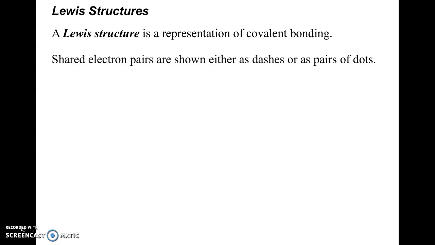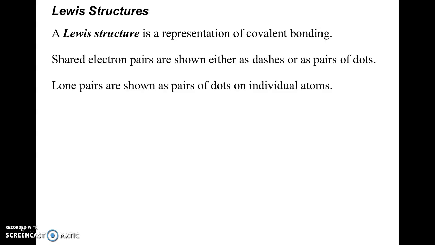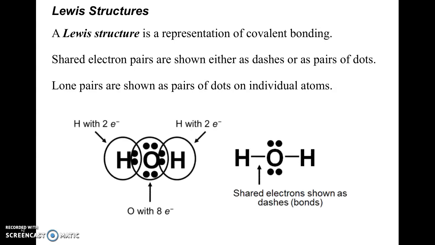So Lewis structures, and this is the same Lewis that came up with the electron dots, is a way to represent covalent bonding so we can understand how molecules are formed. These are shared electrons that we're interested in, and they're shown as either pairs of dots or dashes, as I discussed before. And the same with the lone pairs, they are generally shown as pairs of dots.